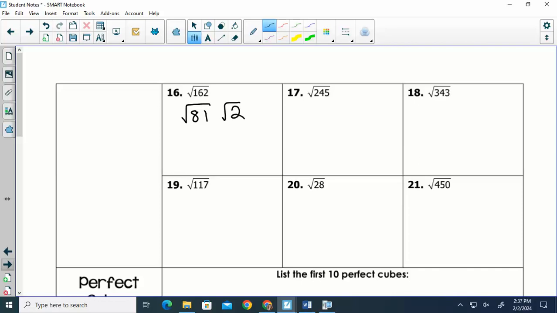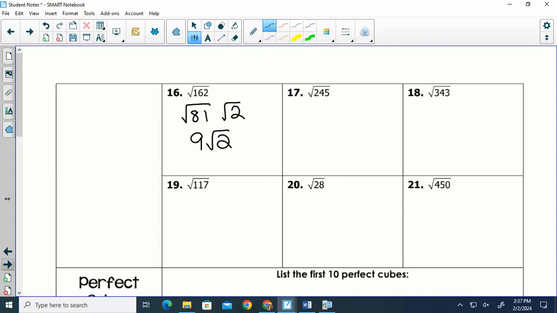What is the square root of 81? 9. So once you do the square root, the symbol goes away. Can we do the square root of 2? No, so it just stays. 9 square root of 2. How can you double check yourself at any time? Type it in. Compare your decimals for the original and your answer.